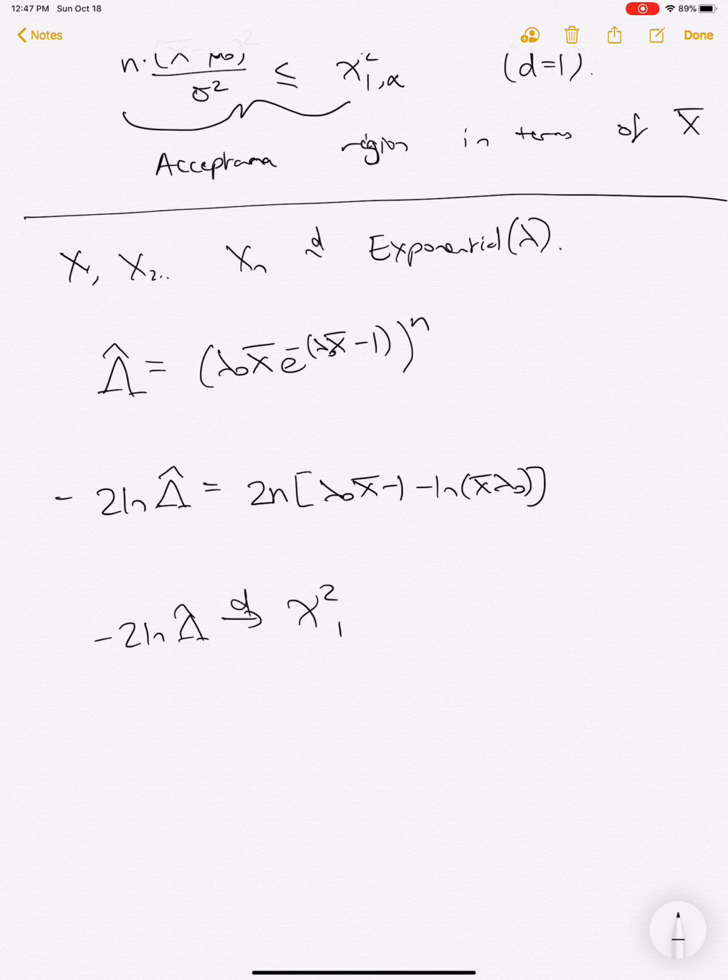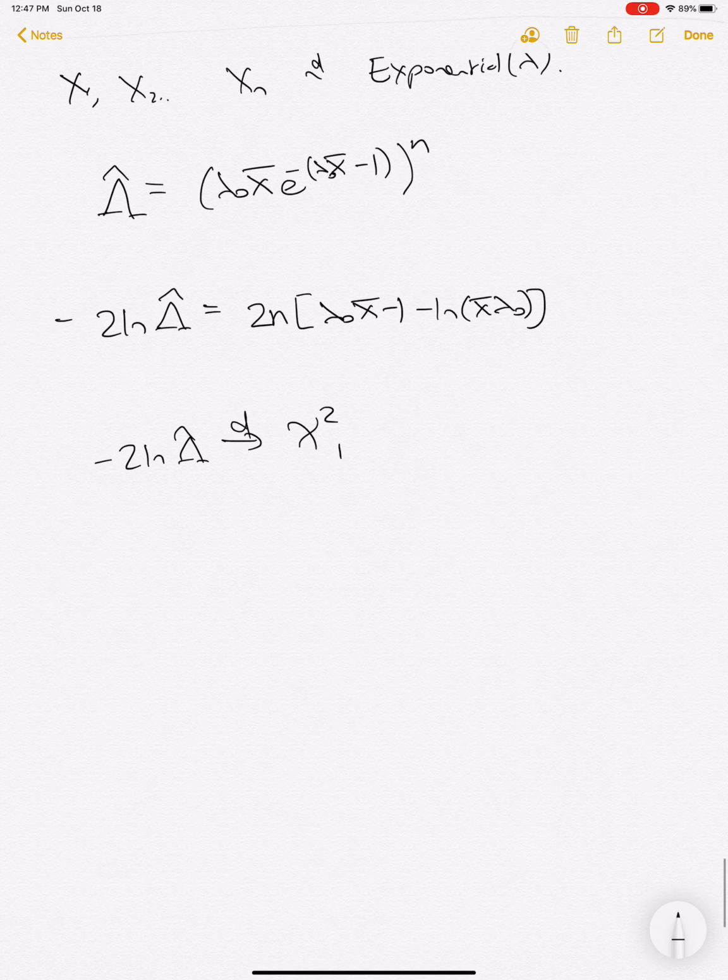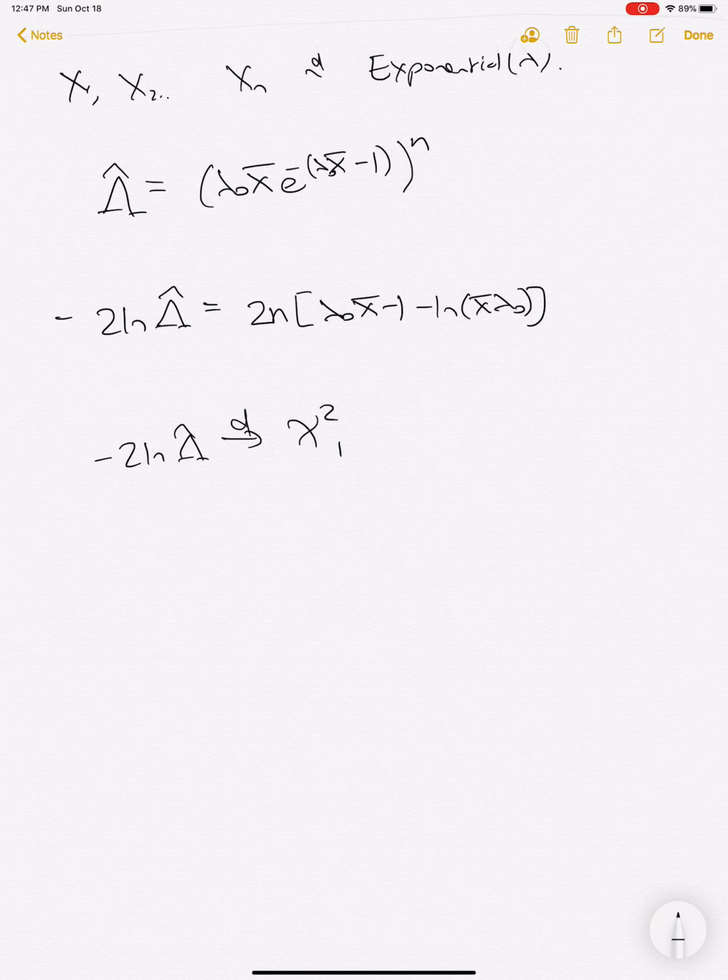And again, the reason why that's the case is we can use the Taylor series. This is not something you have to do. I just want to give you an idea of why this generalizes, a bit like how the central limit theorem and other results generalize beyond the normal distribution.